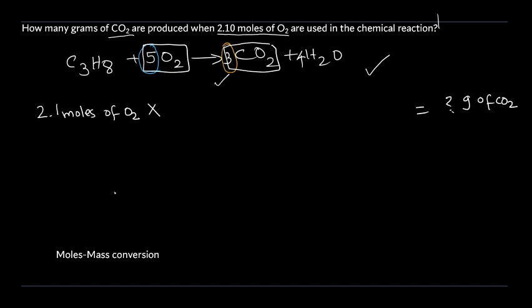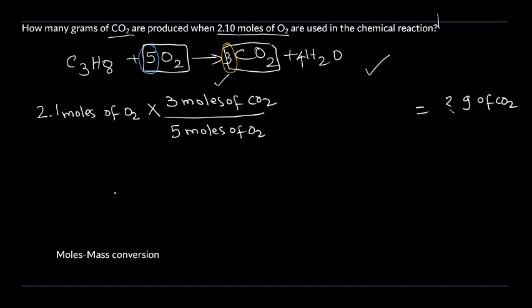And now I will look in the equation. I'm going to connect the dimensional analysis with the equation. So the mole ratio is 5 moles of oxygen gives 3 moles of carbon dioxide.